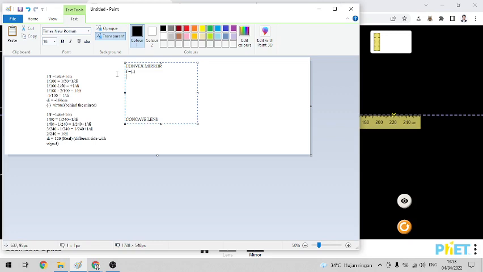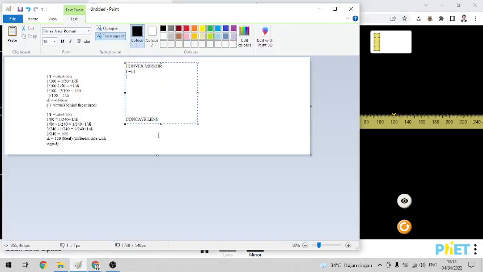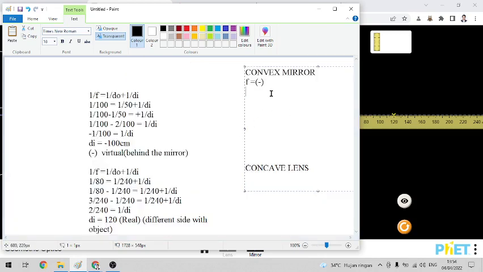So in the question, if we use the focal length 120, in the calculation, the focal length should be minus 120. You put the negative sign in the focal length. And for the DO, we use 100.